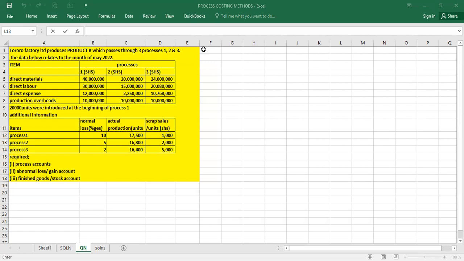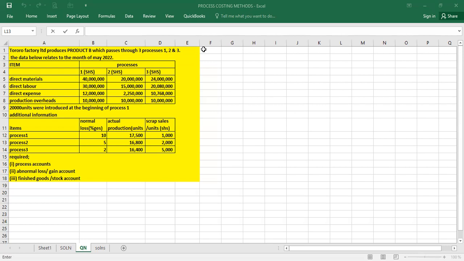Process 1, we have 10% normal loss, 17,500 was the actual output. Then the scrap units were sold at 1,000 each. Process 2 has 5%, and process 3 has 2% normal loss.